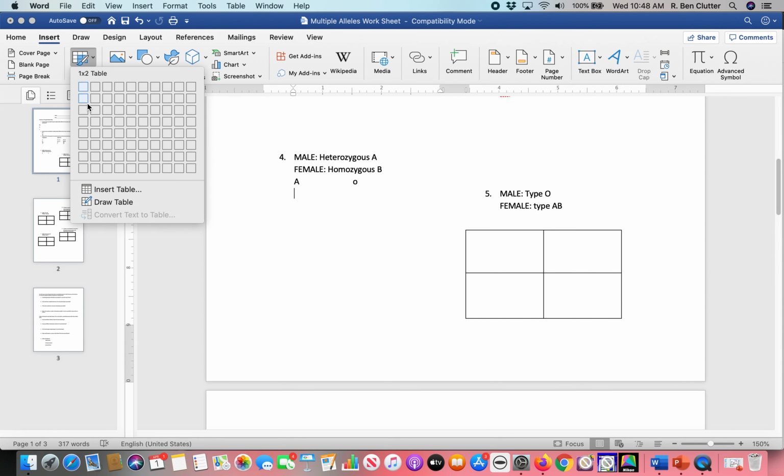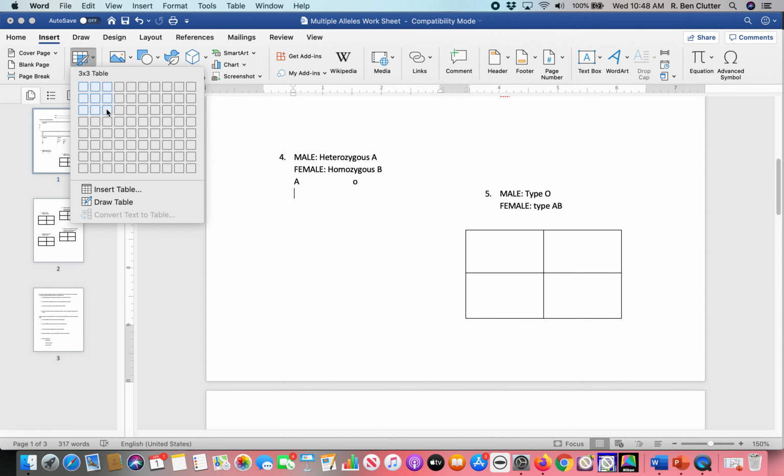When things don't work out the way you like them to, just do your own thing. I don't like the way those boxes are working. So, there we go. And I am just going to copy this, and that way I can just paste it every single time I want to do this.